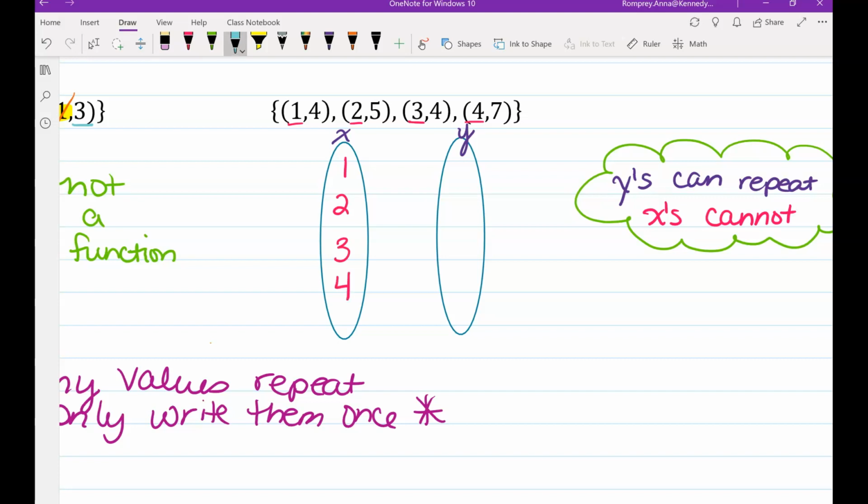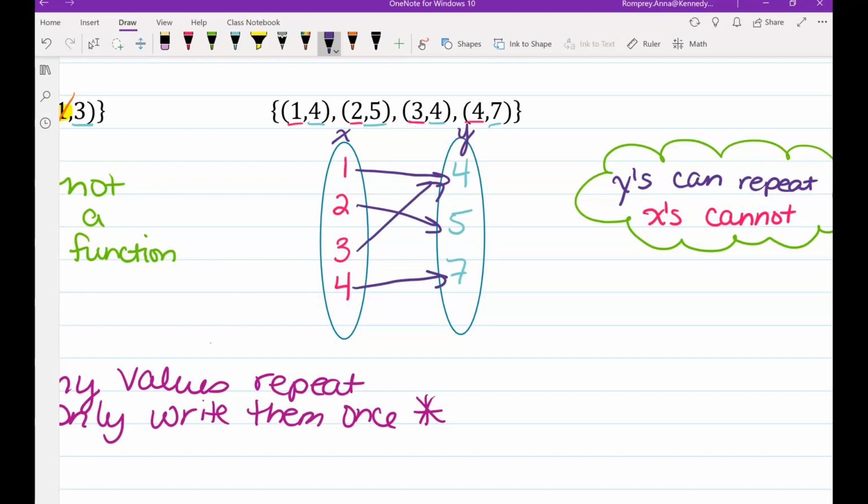And our outputs: 4, 5, 4, 7. The 4s I only write once. 5 and 7. And now let's map. 1 goes to 4. 2 goes to 5. 3 goes to 4. And 4 goes to 7.